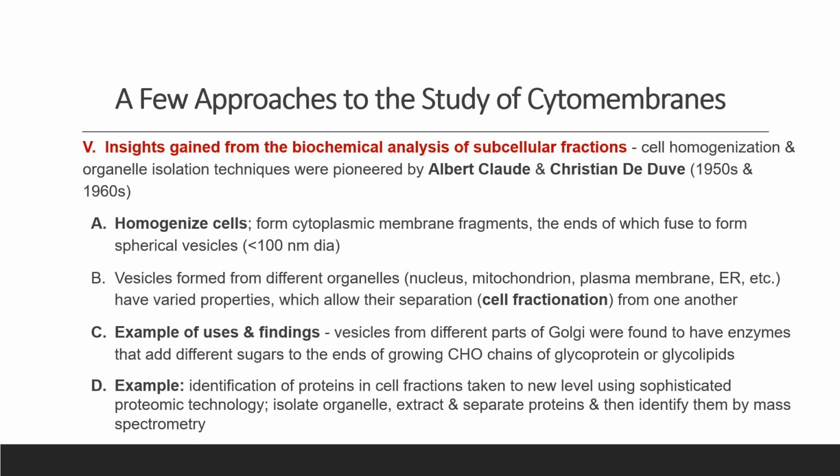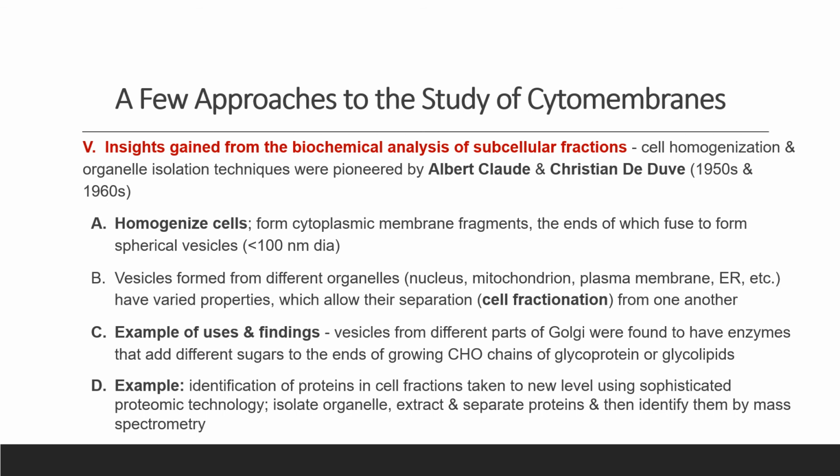Homogenized cells form cytoplasmic membrane fragments, the ends of which fuse to form spherical vesicles around 100 nanometers in diameter.